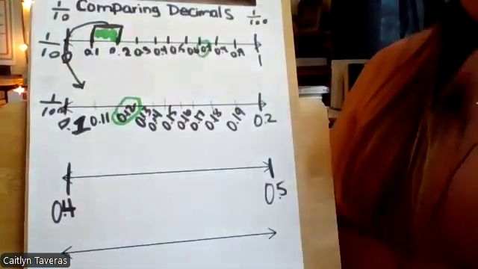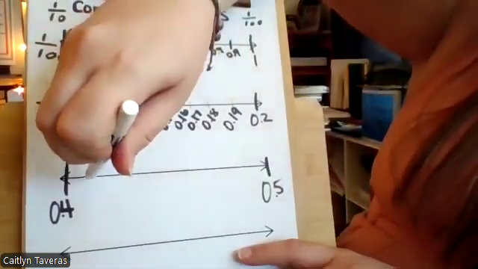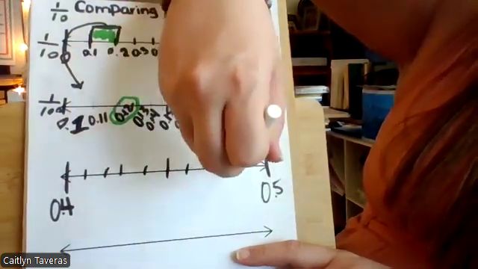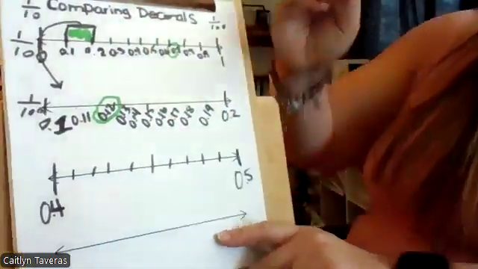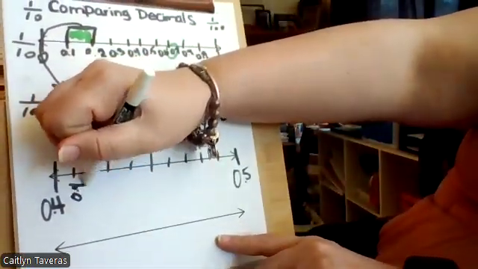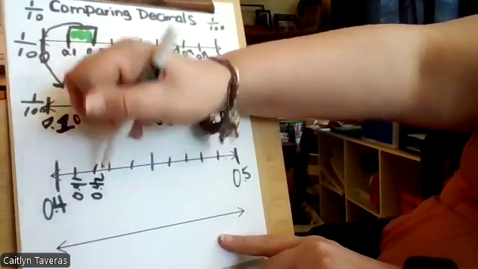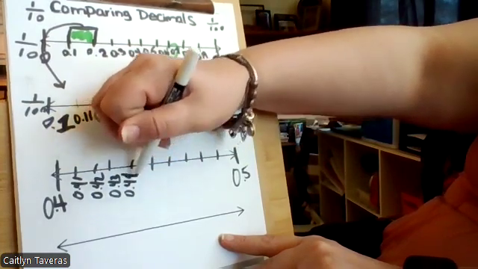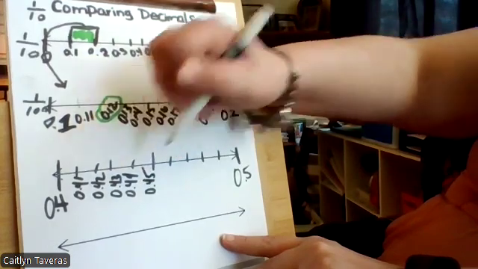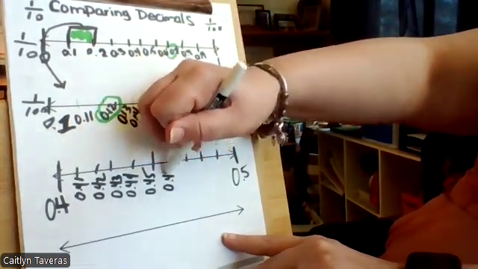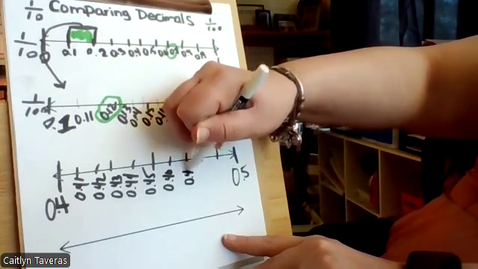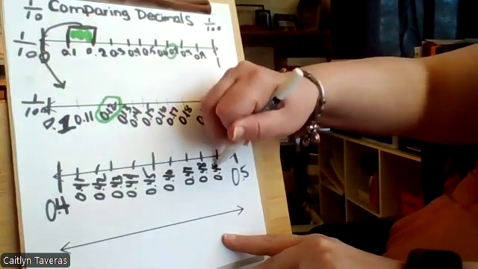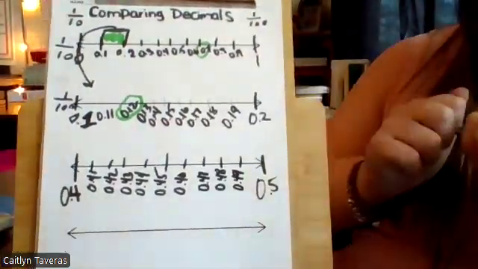Again, if we want to do our hundredths in between, we would have 41 hundredths, 42 hundredths, 43 hundredths, 44 hundredths, 45 hundredths, 46 hundredths, 47 hundredths, 48 hundredths, 49 hundredths before 5/10.